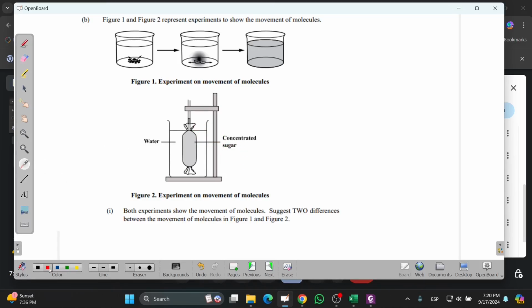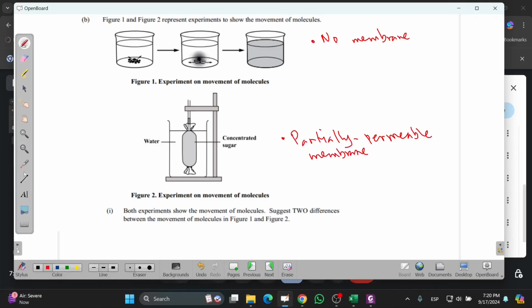Well, two differences. One, in the first experiment, there is no membrane for the molecules to move through. And here there is a membrane, right? There is a partially permeable membrane.